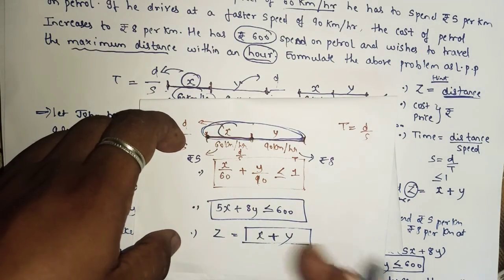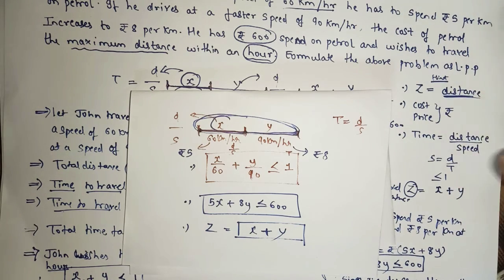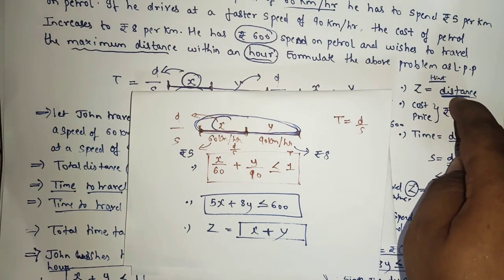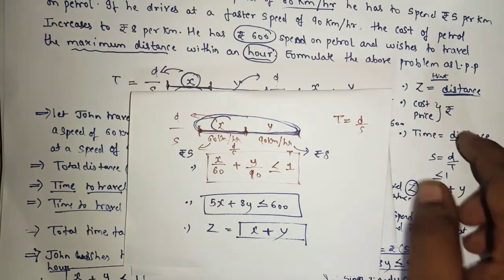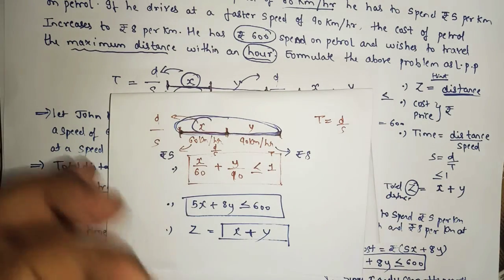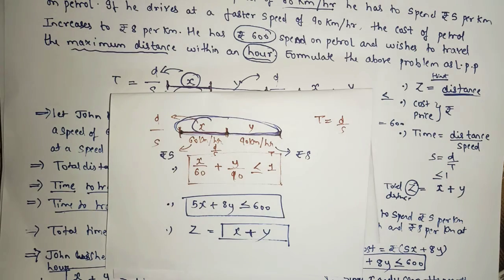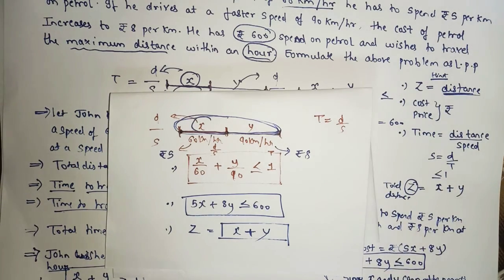So just remember this three-part idea: the distance, the value of z, you will get from the sentence about distance. What about the linear inequation? You will get the linear inequation in two variables with the help of cost and price, as the unit for cost and price is rupees.